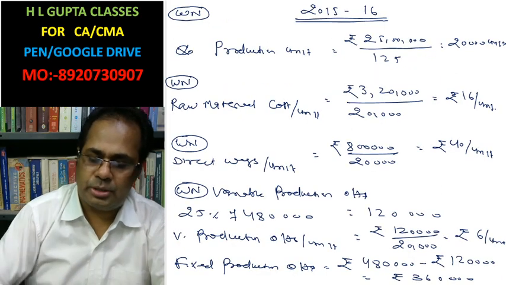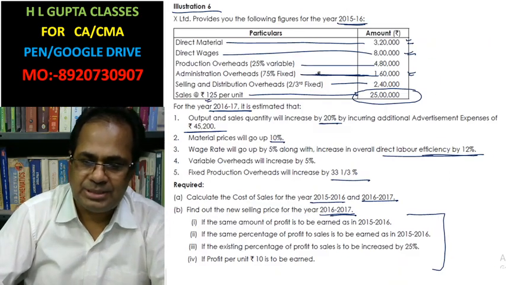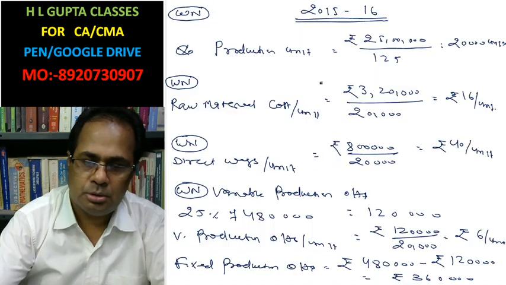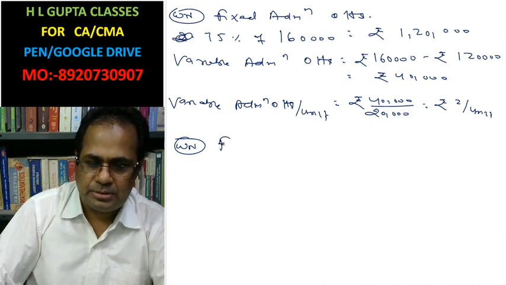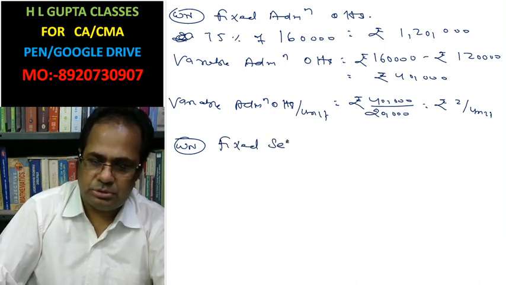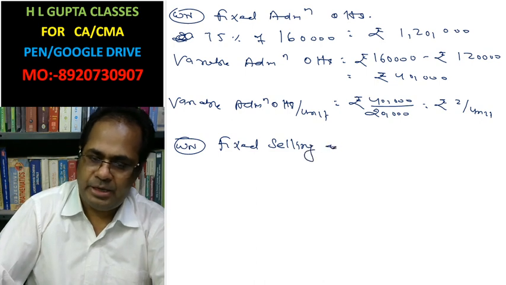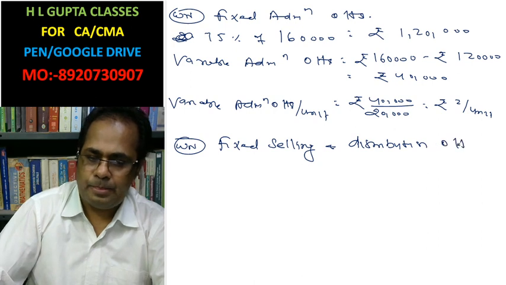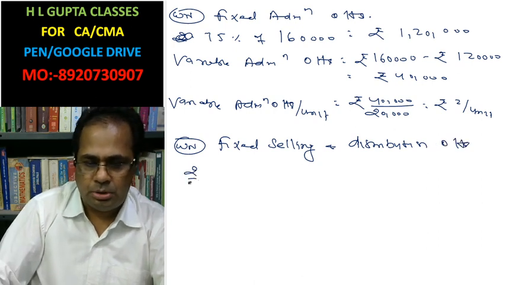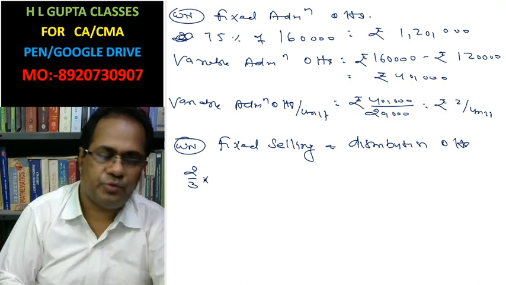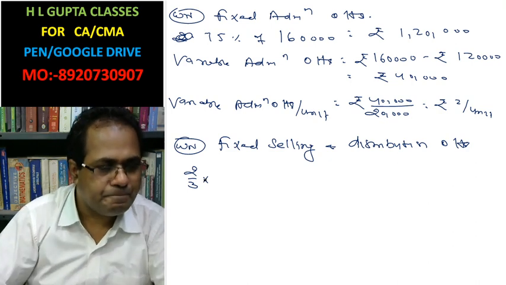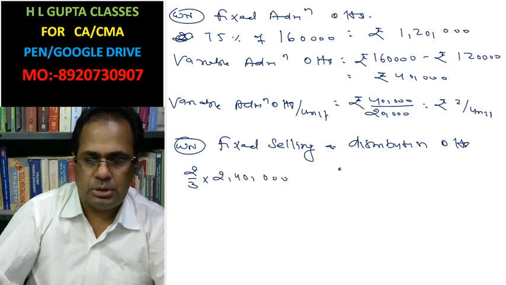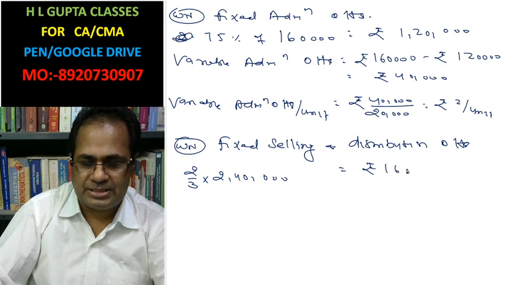Now we have to calculate. Administrative is already completed. Now selling and distribution, 2/3 is fixed. Fixed selling and distribution overhead, 2/3 of 2,40,000, is rupees 1,60,000.